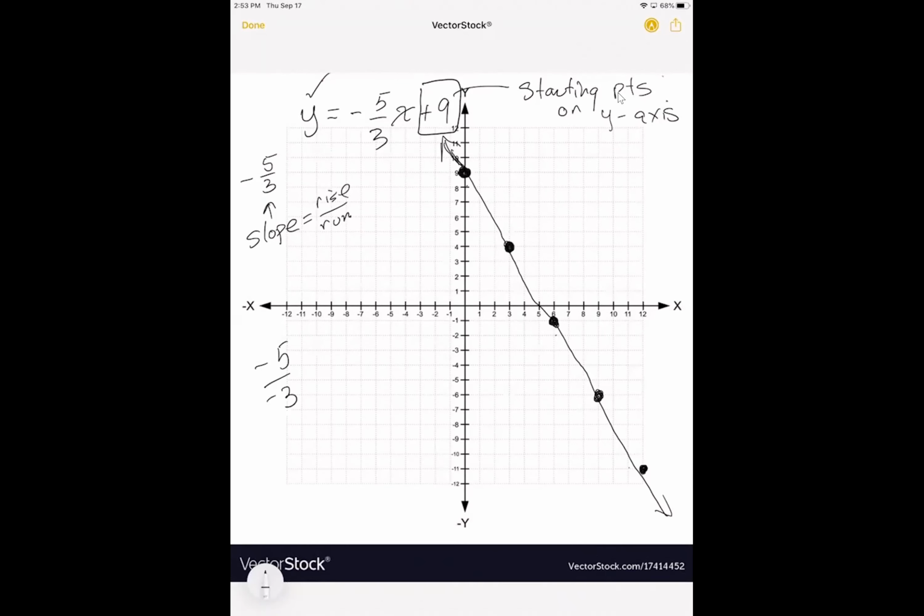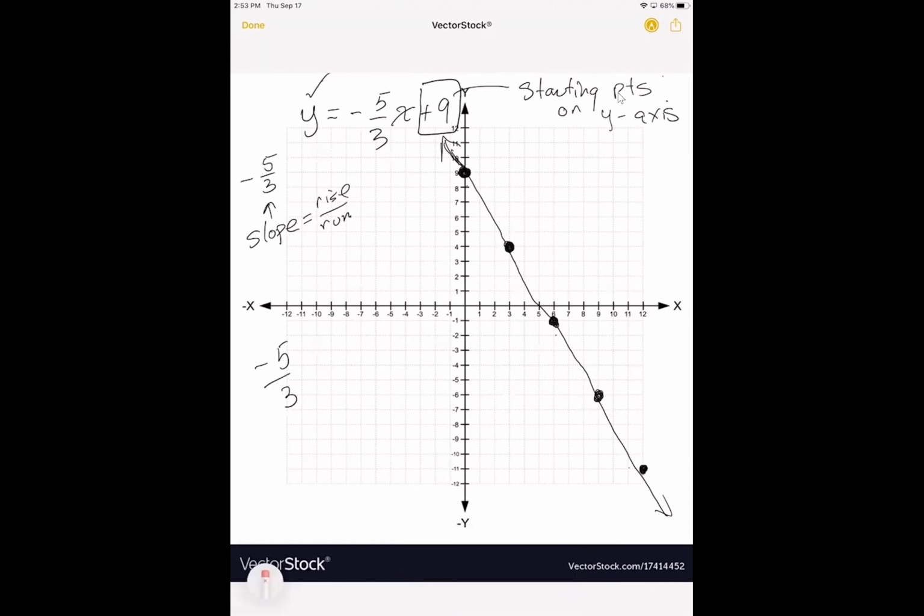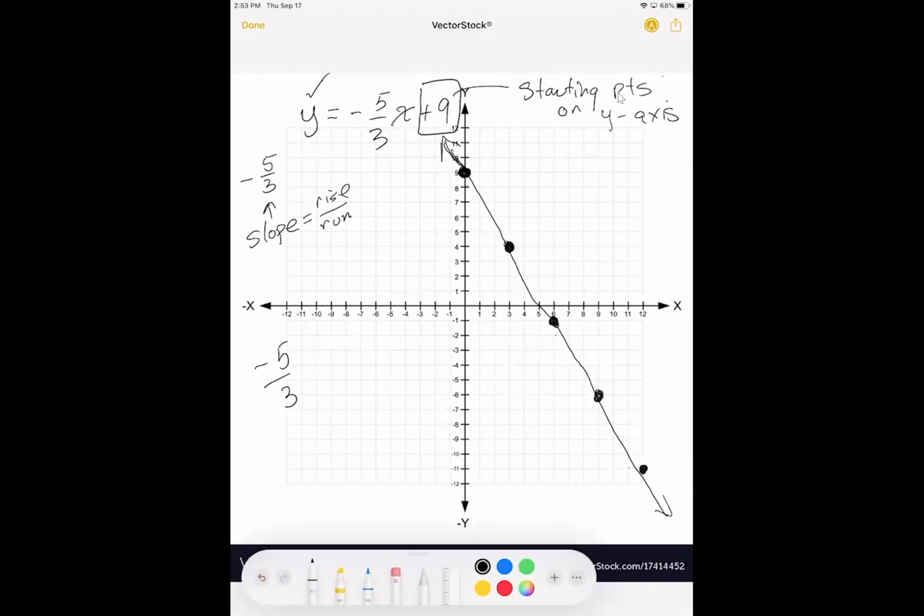Well, a negative over a negative is going to be a positive, right? If you look at the book, the book tells you a few things, and I want to show you the difference between the two items.